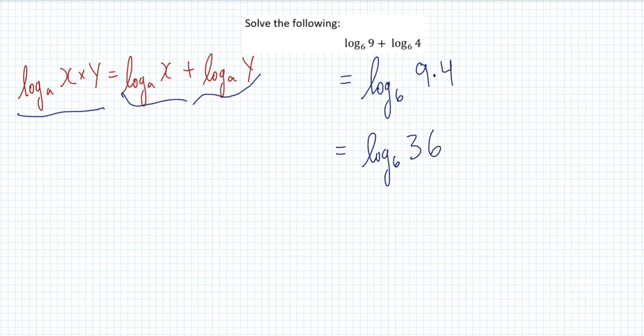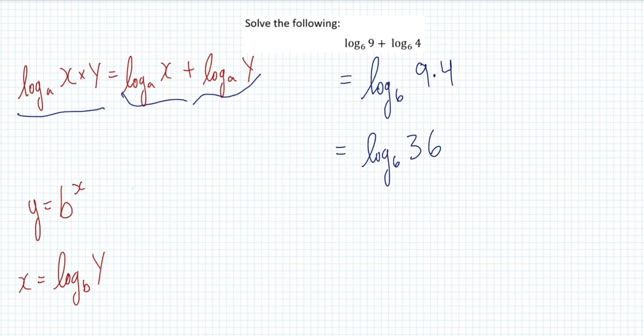if you recall, I'll use this color, keep it consistent. If you recall, we know that, and this is kind of day one log stuff, y is equal to b to the power of x if x is equal to log base b of y.